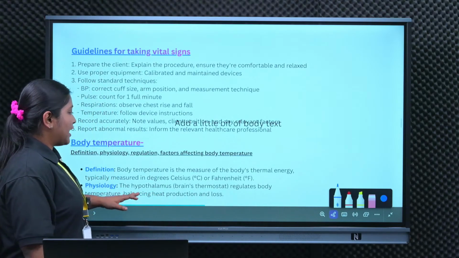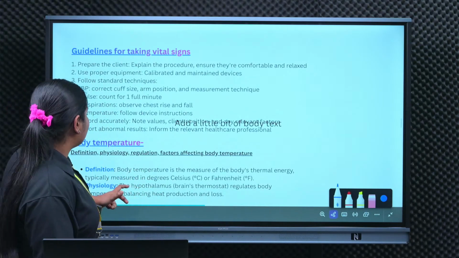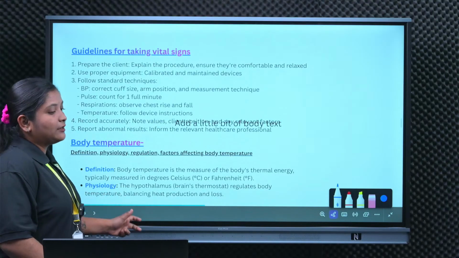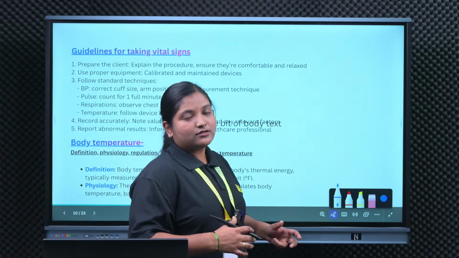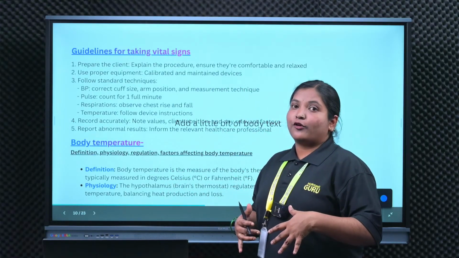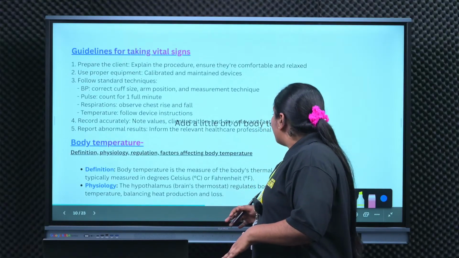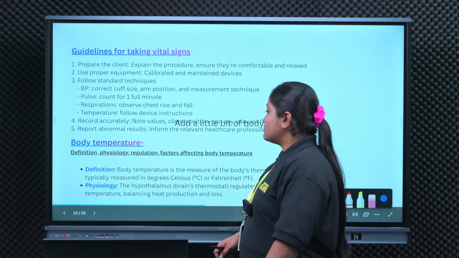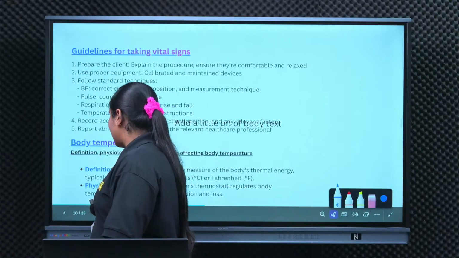The hypothalamus in the brain regulates body temperature, balancing heat production and loss. So the difference between the heat produced by the body and the heat lost by the body is what determines body temperature.